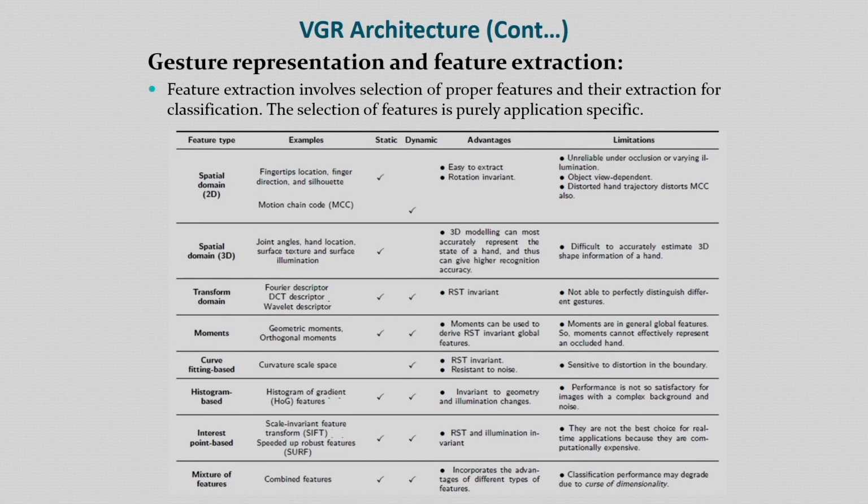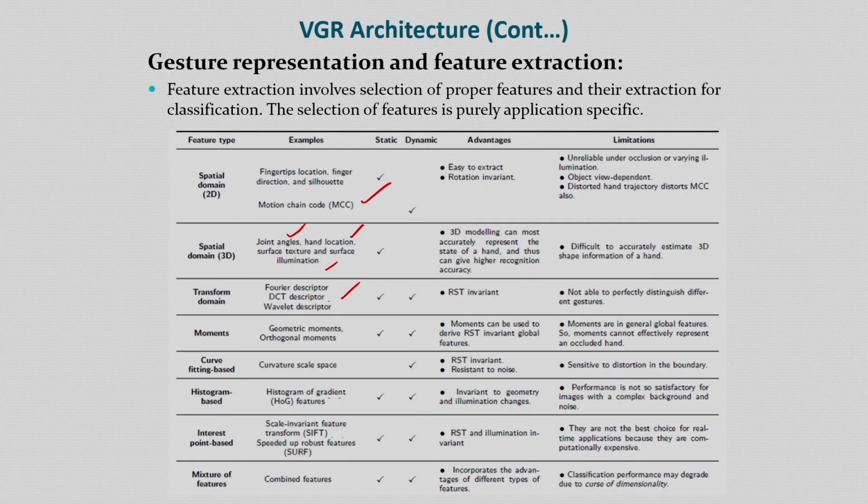So for spatial domain 2D features, maybe the fingertips location, finger detection, silhouette, and maybe the motion chain code can be used. We have already discussed the chain code. For spatial domain 3D features, we can consider joint angles, hand location, surface textures, surface illumination. And also we can consider features in the transform domain like Fourier descriptors, DCT descriptors, wavelet descriptors.